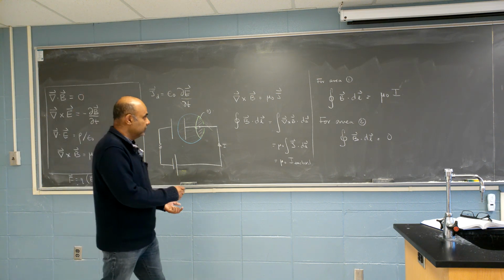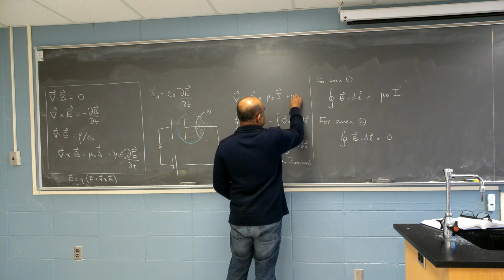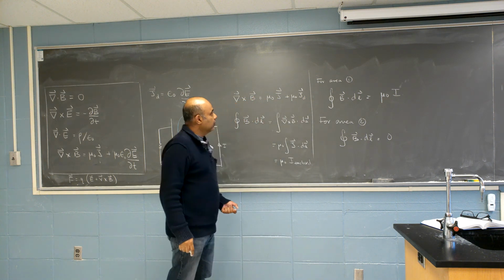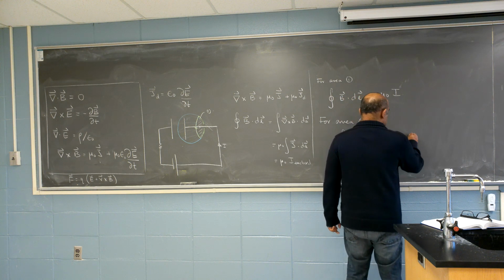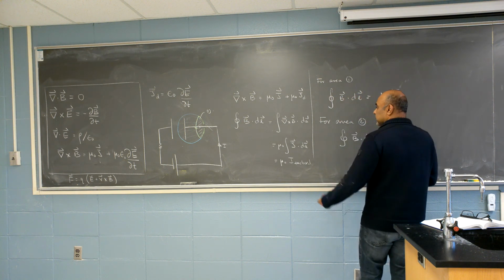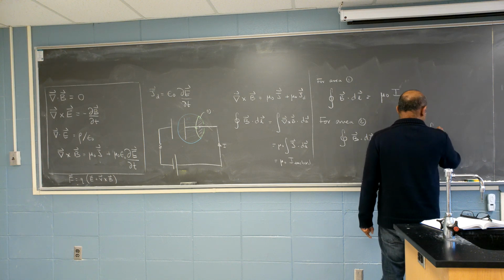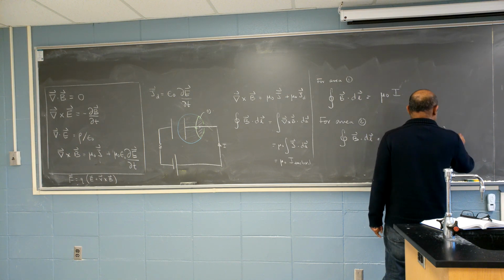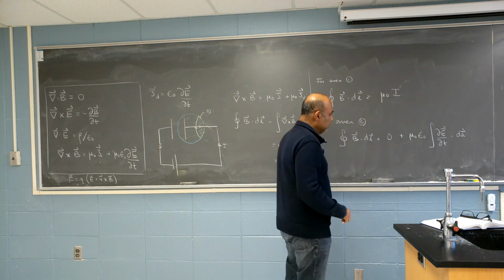But if I now put the displacement current, I would get plus mu naught JD, there it is, epsilon naught dE dt, over the area.